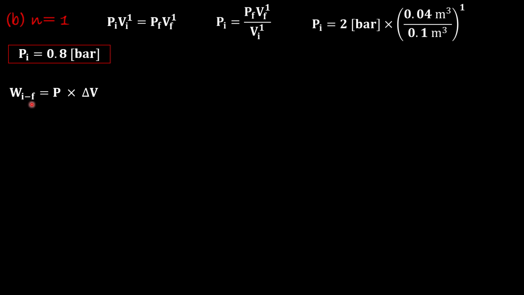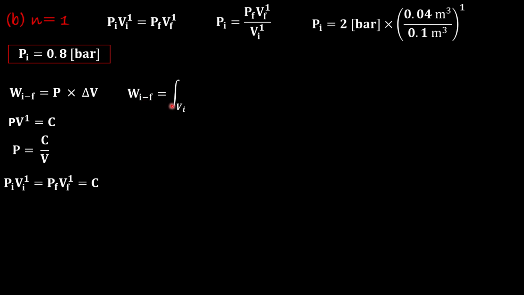Work from initial to final is equal to pressure times change in volume. So what we will do is remember that PV to the power 1 is equal to a constant. And we can solve for P, which will be C divided by V, taking V to the other side of the equation from multiplication to division. And remember, since this is constant, P initial V initial equals P final V final equals constant.